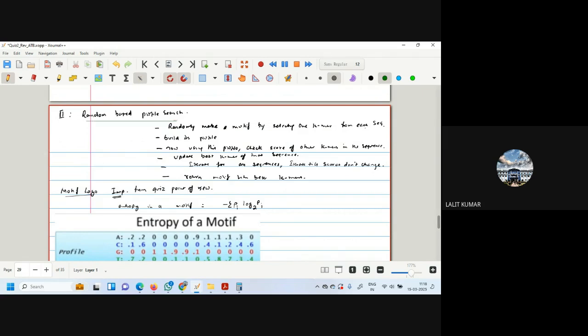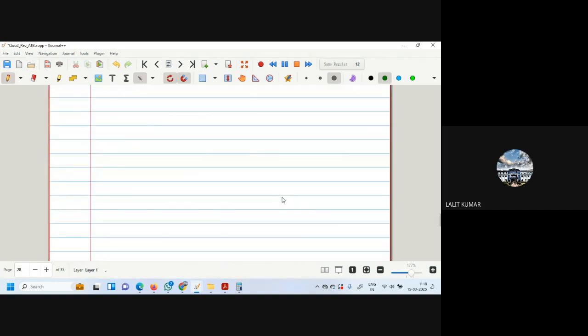In random-based profile search, we randomly make a motif by selecting one k-mer from each sequence. The sequences were so many and there are so many k-mers, so we take one k-mer randomly from each and build the profile.